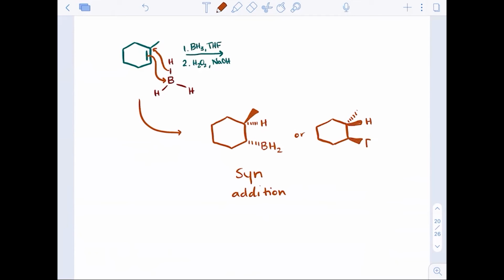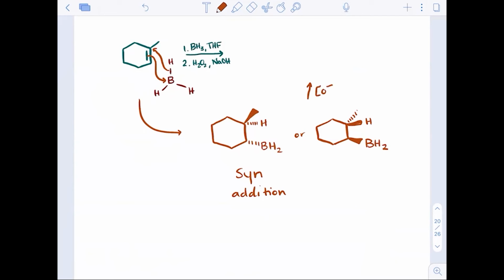There's no way to orient those two groups being added at the same time on opposite sides, what we will later call anti-addition. Syn addition, when the reaction is concerted and both sigma bonds are being formed at the same time, that syn addition shows that the two sigma bonds being added are being added to the same side.